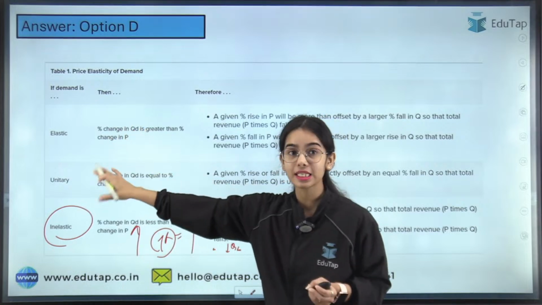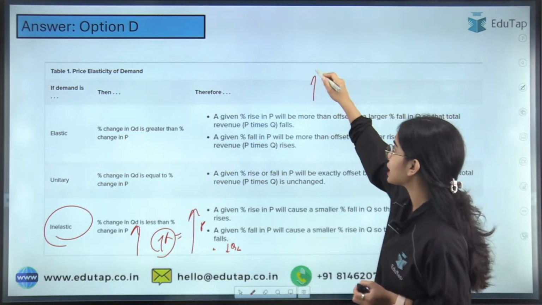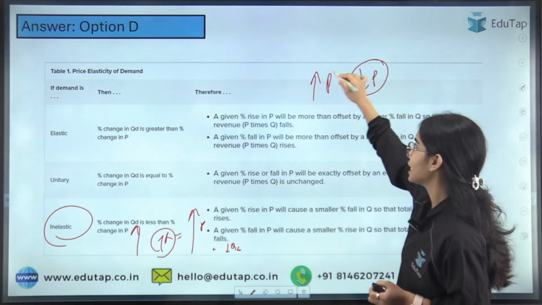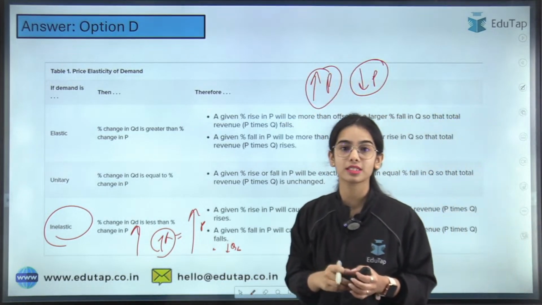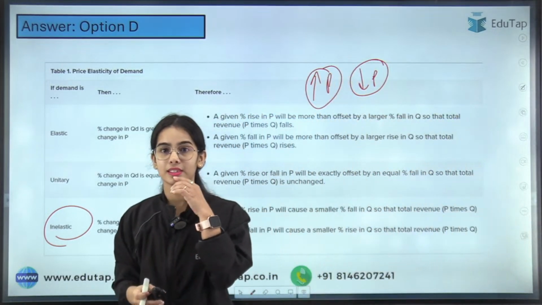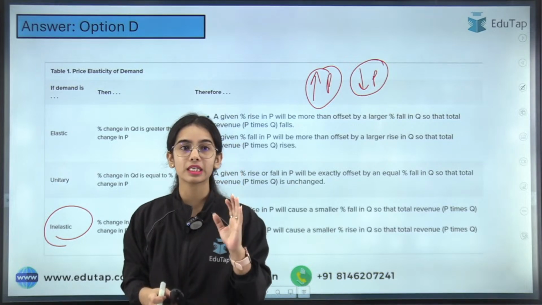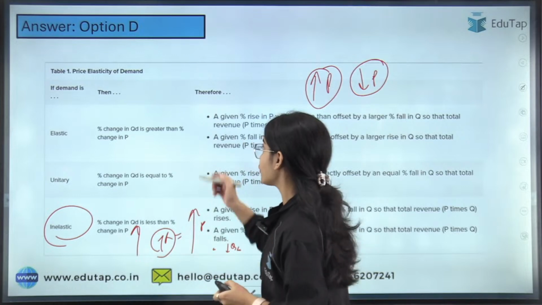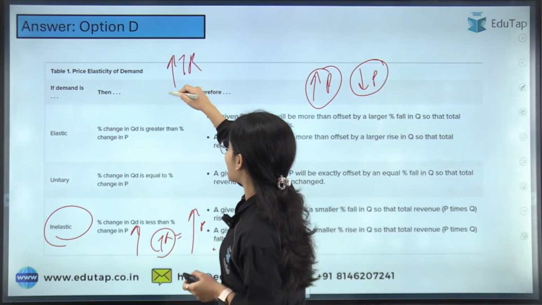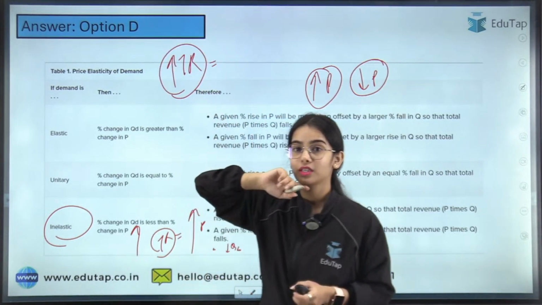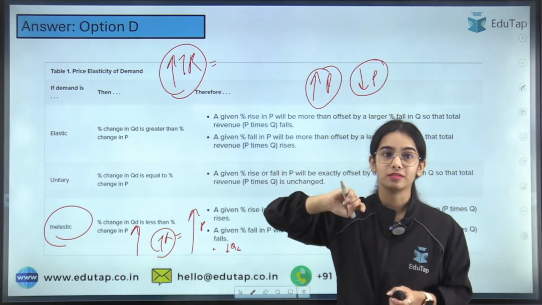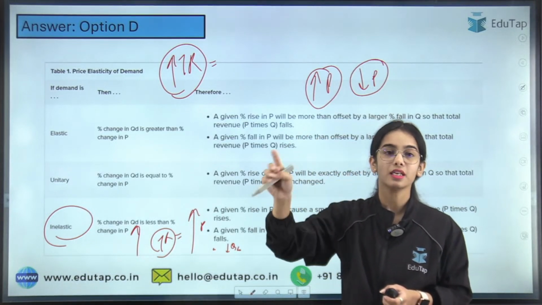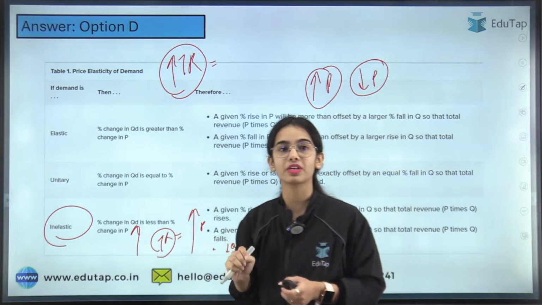In the case of elastic demand, would you increase the price or would you decrease the price? Tell me very fast. Would you increase the price or decrease the price in the case of elastic demand to increase your total revenue? So if you want to increase your total revenue and you have an elastic demand curve, as a supplier, you know that the consumers have elastic demand.